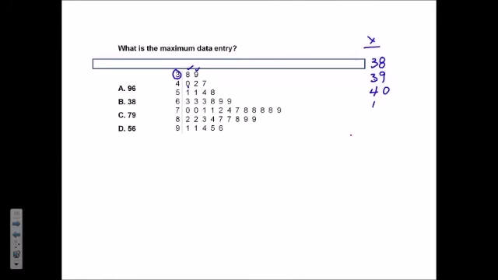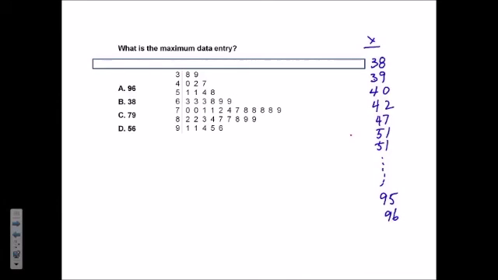This 2, 42. This 7 is 47. Get the idea? 5 followed by 1, 51. Another 51, etc. Down to 9 followed by 5, 9 followed by 6. So this stem and leaf chart is a pictorial representation of all these scores.